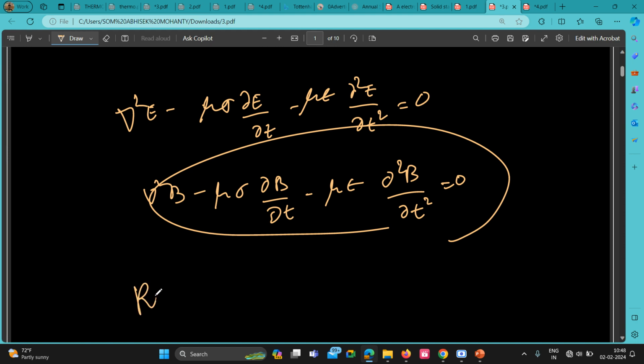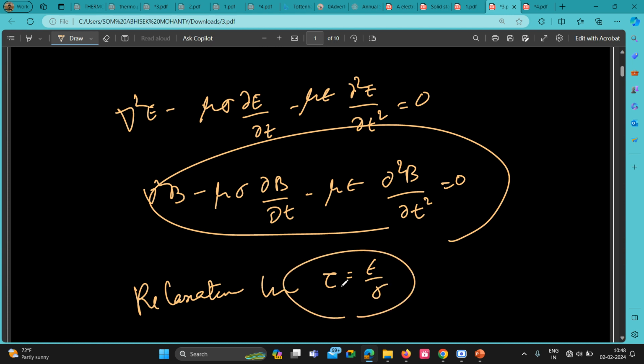Another formula, relaxation time tau is equal to epsilon by sigma. Remember this one.